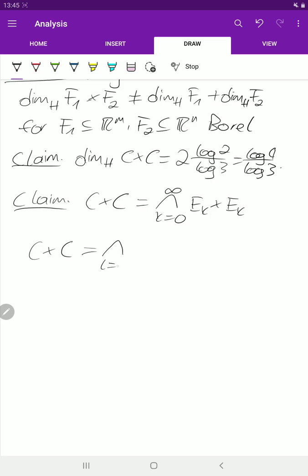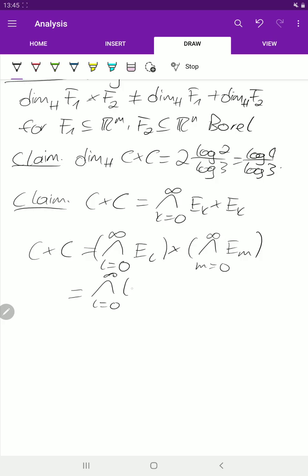So this would be these intersections, and here just the same again, and then we can write it as El cross El, and this is certainly a subset of El, so this whole thing would be a subset of this Ek cross Ek.